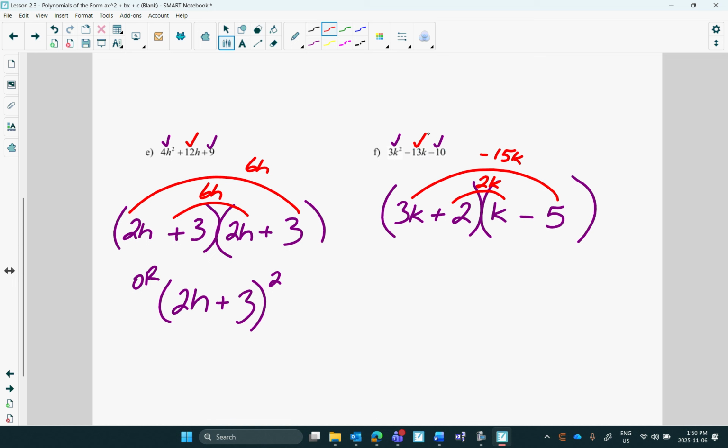So that's going to give you a different number. So this gives you 6k and negative 5k. So that means we got the wrong number, so we're going to have to switch these two numbers. Because if you get a completely different number than what you should, that tells you that the numbers are not right.